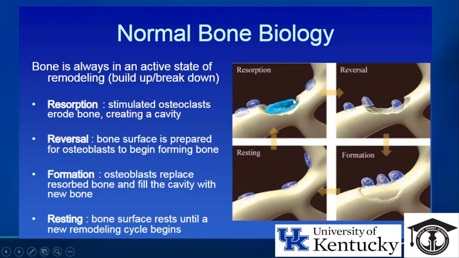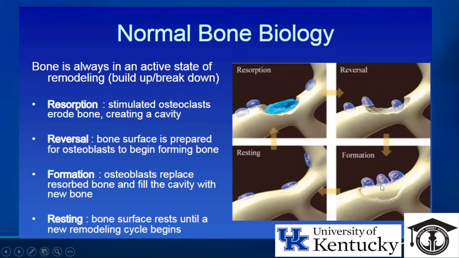Here is bone resorption. Here is a multinucleated giant cell called osteoclast. It eats up the bone, okay? Then this is the first stage. So you need bone resorption to have bone formation. Here, the osteoclast starts to recruit osteoblasts to fill in this gap. This is the reversal stage. Then here is the bone formation.